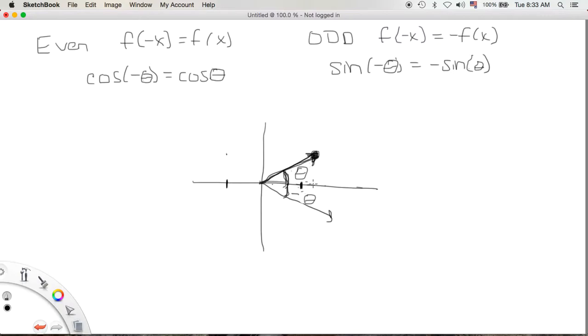Now with sine, of course, we use the y values of the point on the unit circle, so theta and negative theta are going to have opposite signs, because the y values are positive up here in the first quadrant and negative in the fourth quadrant. We'll talk about that some more, but you need to look at that on the unit circle.